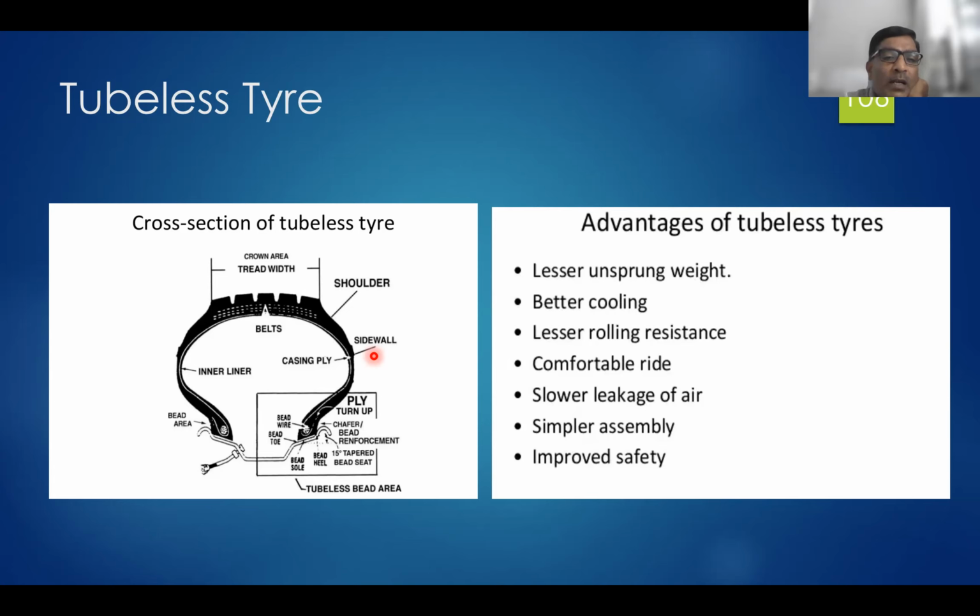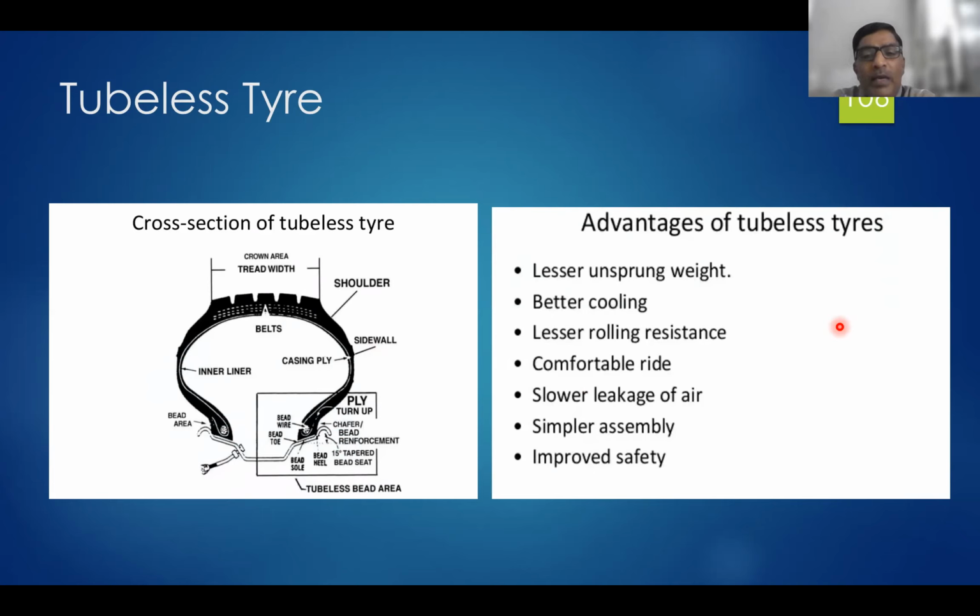Like that you can understand. This one is the inner liner and other terms. Basically these tubeless tires are tires without a tube, very simple meaning.